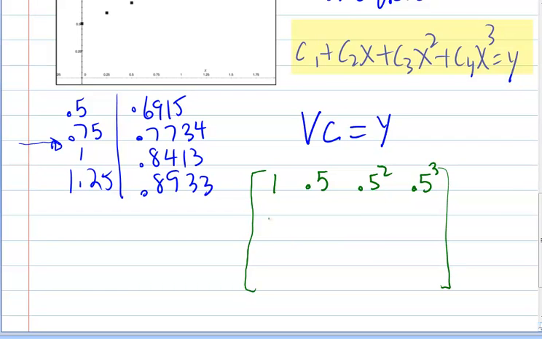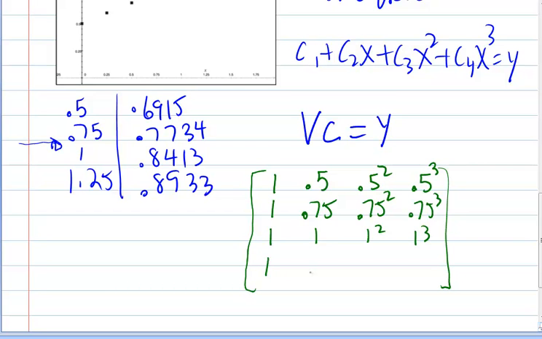The second data point, when I substitute that in there, is going to be 1 C1, 0.75 C2, the square, and the cube for the coefficients of C3 and C4. I'll substitute 1 in there, and there I have 1 squared, 1 cubed. You can see how this is going to be put together quickly. It comes from a system of equations.